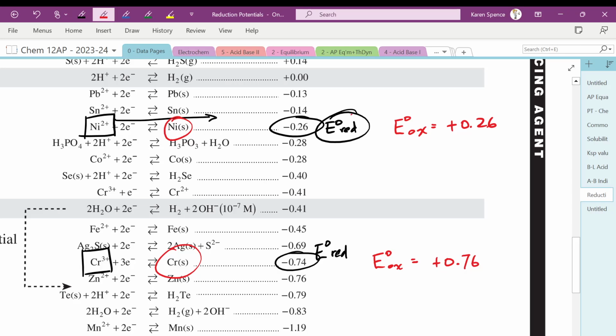Oh, 74. I just can't do numbers. Yes, thank you. Who is better at getting oxidized? Chromium is better at getting oxidized. So the nickel reaction is going to proceed from left to right. The chromium reaction is going to proceed from right to left. So the top reaction will always be the reduction for an electrochemical cell. The bottom reaction will always be an oxidation.